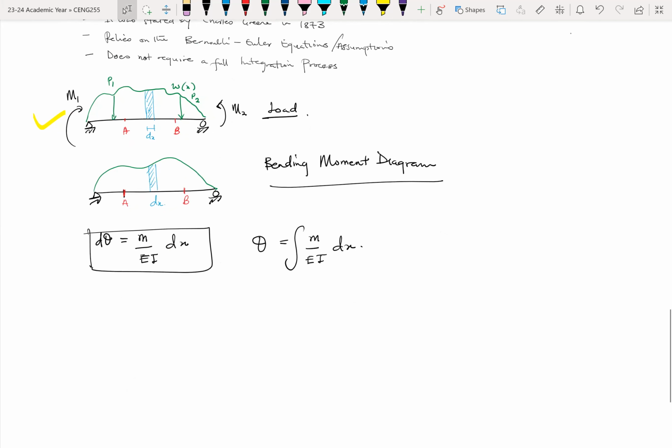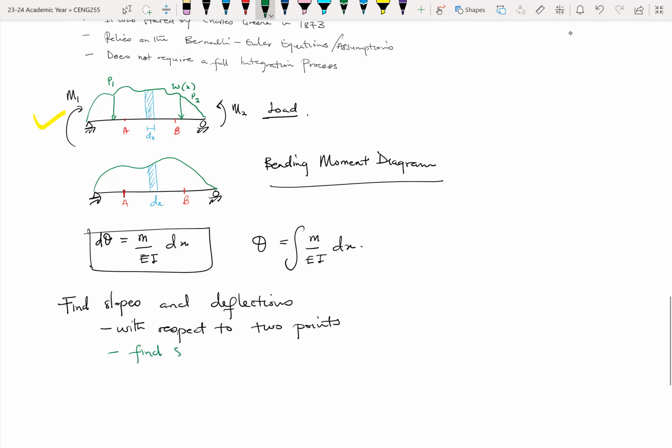So what the moment area method does, when it wants to find slopes and deflections, is that it usually finds these with respect to two points. So what it means is that for slopes, you have to find the slope between two points.